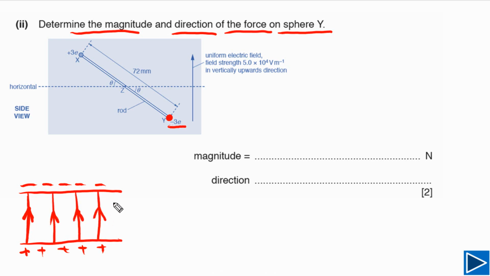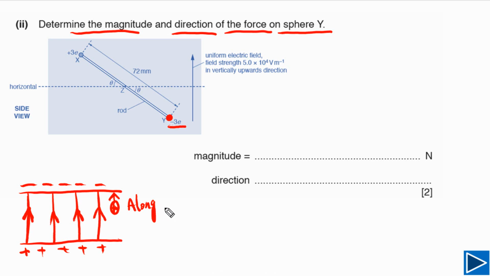So in this case, if we place our positive charge in this field, direction of force on this charge will be in direction of electric field, meaning this force will be pointing upwards. This positive charge will experience force upwards, along direction of electric field.